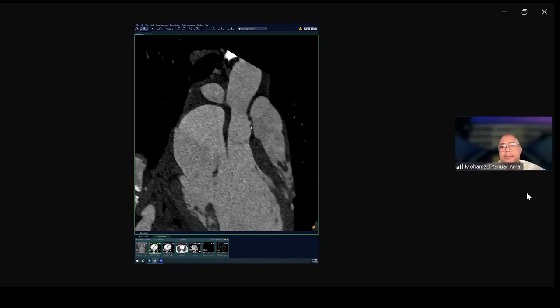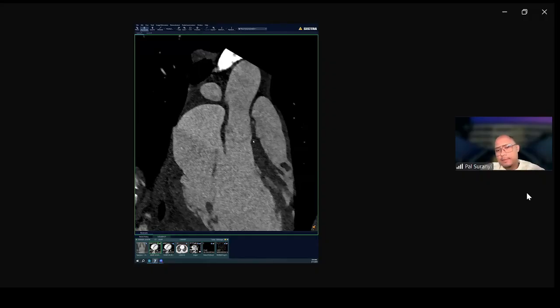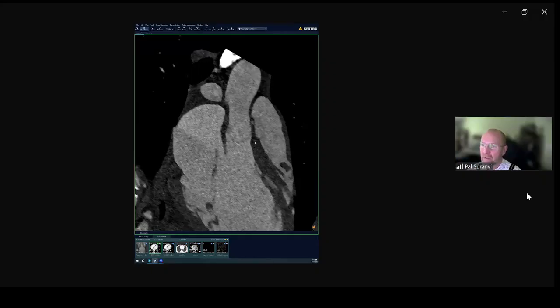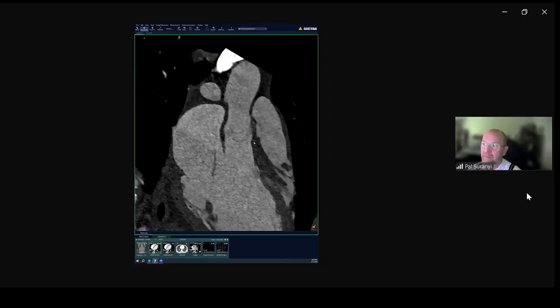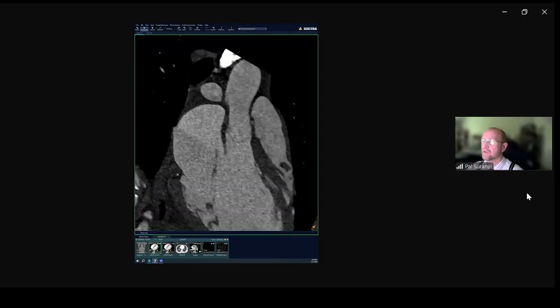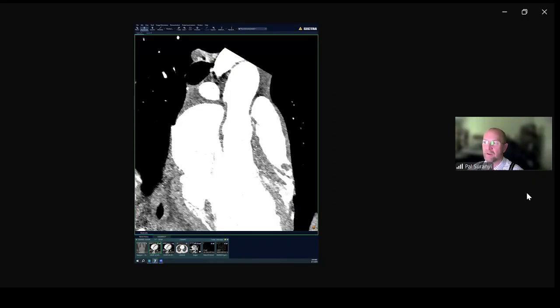Right. And sometimes that's referred to as an intraseptal course, because then what you're dealing with sometimes is that it's running in this muscle. I don't know if I can show you, but a lot of this is actually myocardium, right?